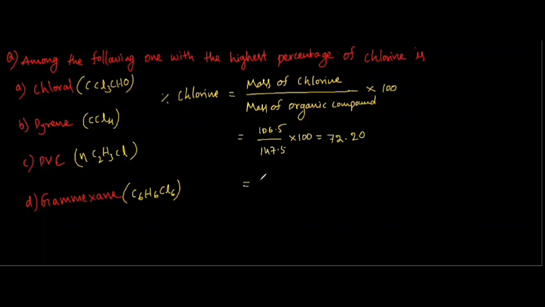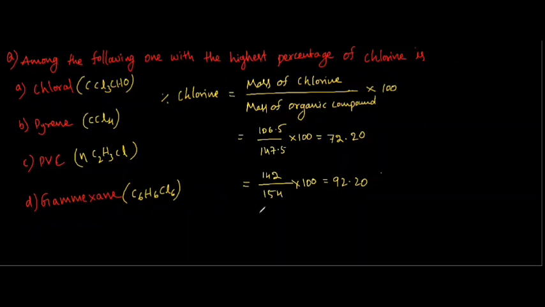The percentage of chlorine in pyrene: the mass of chlorine in pyrene is 142, the mass of pyrene is 154, into 100, which equals 92.20.